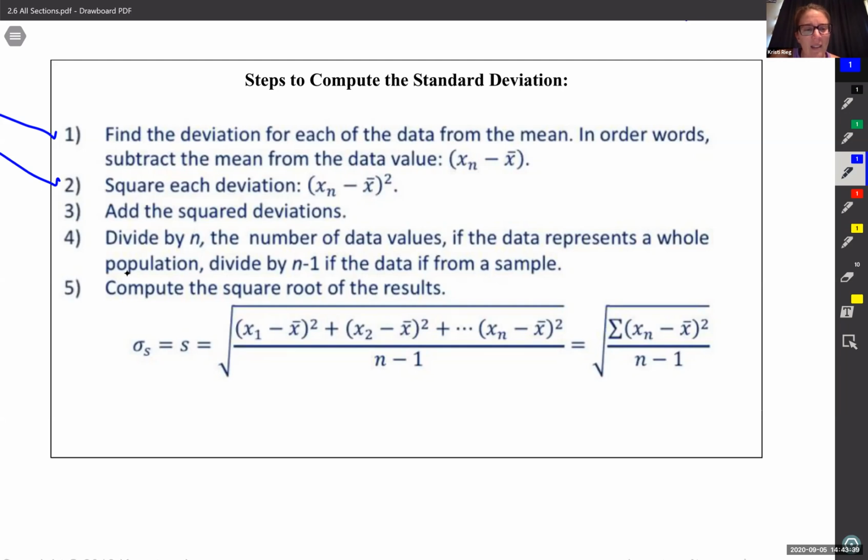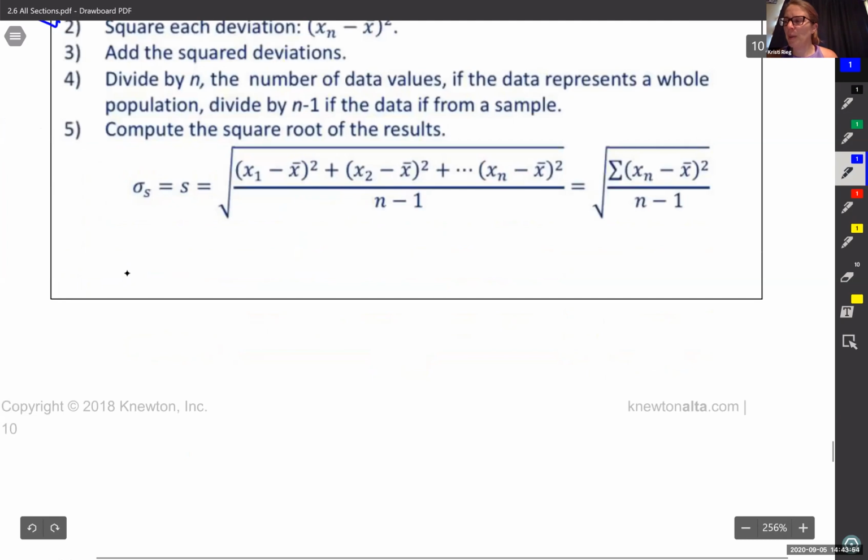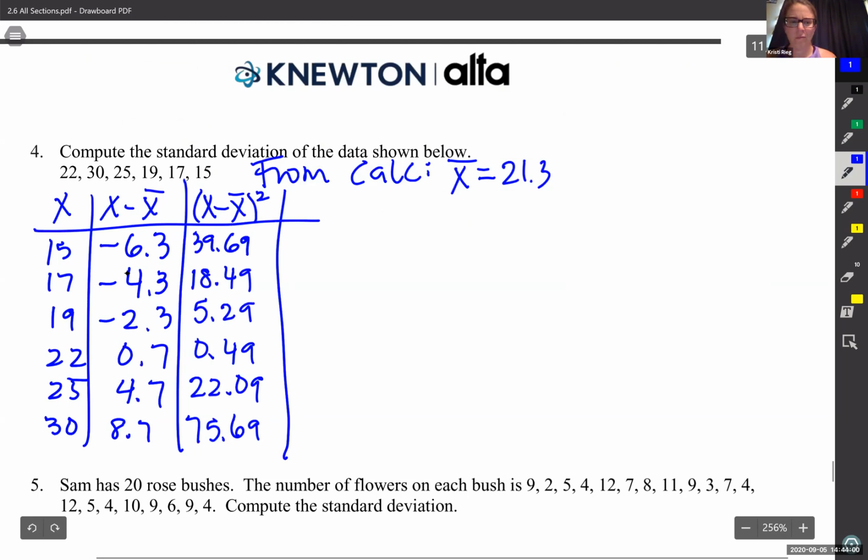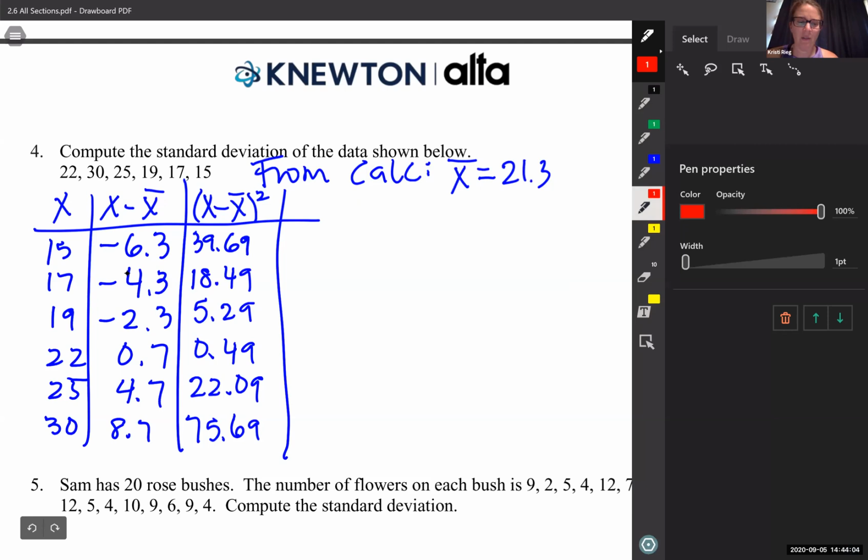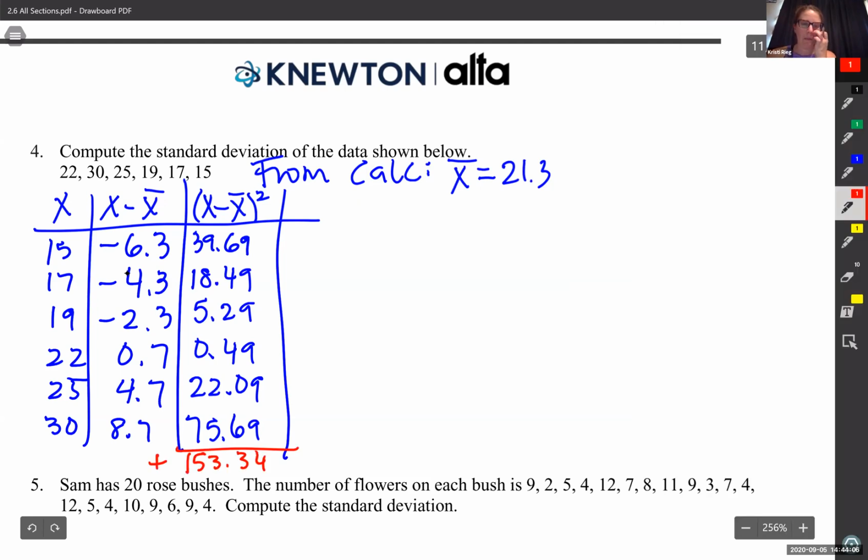All right, so now we need to add everything that we just squared and then divide by, well, we're going to come back to the divide by in a minute because it's going to depend on what we are doing. So we are going to add these all up and we get 153.34.